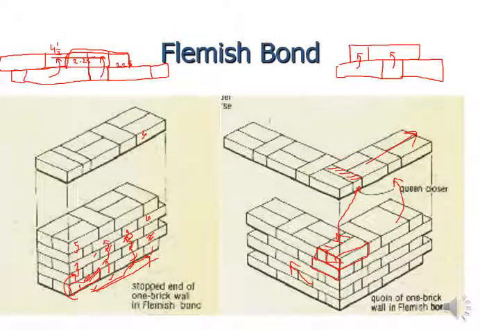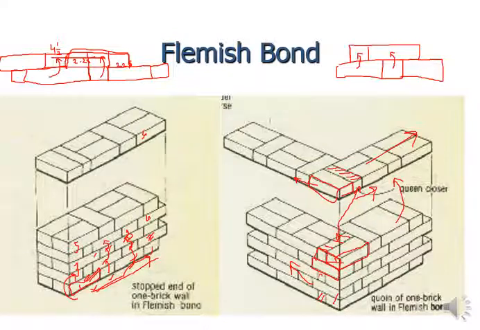Okay, where you are placing the stretcher at the corner, you do not need to place the queen closure in that particular direction, but where you are placing the header at the corner, here you need a queen closure. So this header at the corner, you are placing a queen closure.